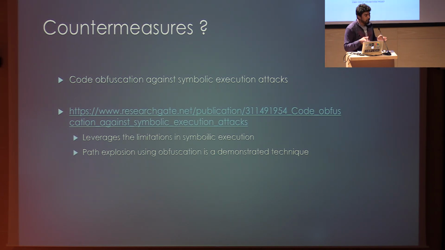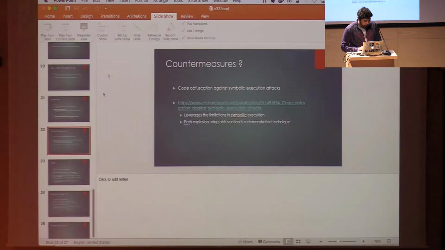If you have code that depends upon the input and does some transformations, you can use something like path explosion and make it really difficult for a symbolic execution engine to parse it in limited time. That's the best you can do, and this is a research paper that talks in much more detail. I don't really have the time to go into detail about that.